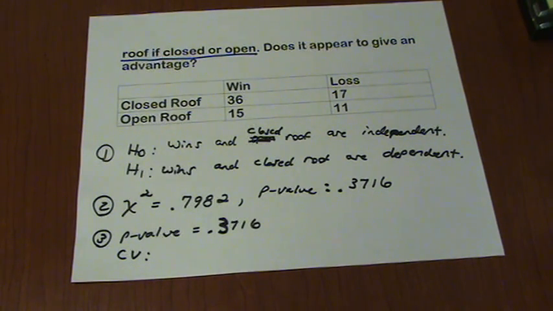If I'm looking at my table, this time alpha is 0.05 and degrees of freedom, I believe with independence testing, degrees of freedom are a little bit different.